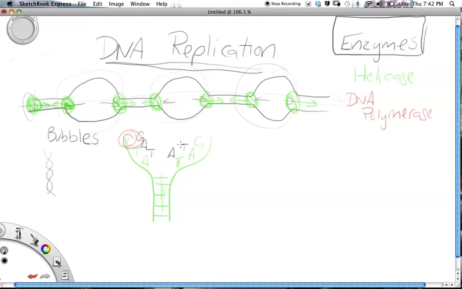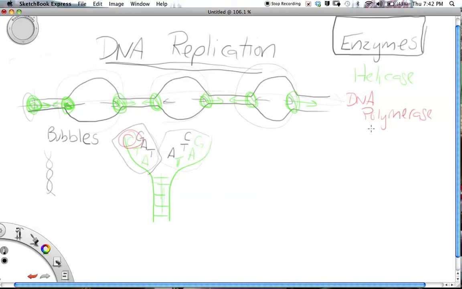You have the complementary. So now you see this piece is the same as this piece. So you see why the complementary base pairing is so important, because it makes sure that you have the same exact DNA molecule when you replicate.